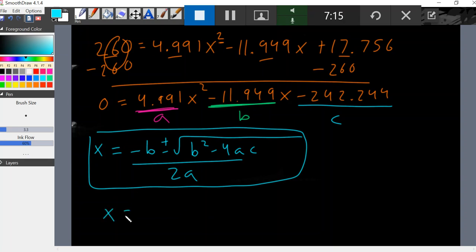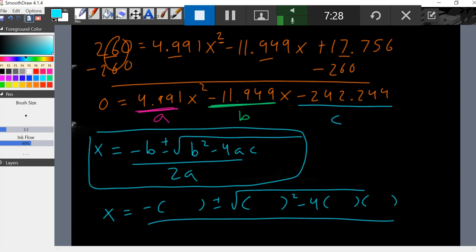Okay, so let's remember my trick for y'all is to always leave parentheses in all the spaces, all over 2a. And let's fill in everything that we know. We know that it always starts out with the negative b and b squared.